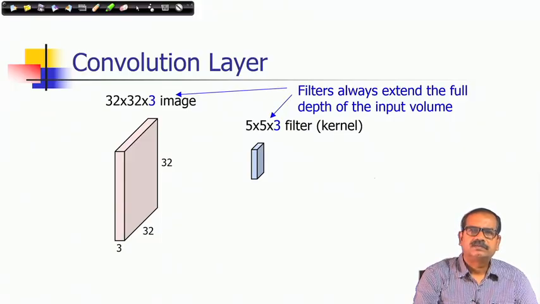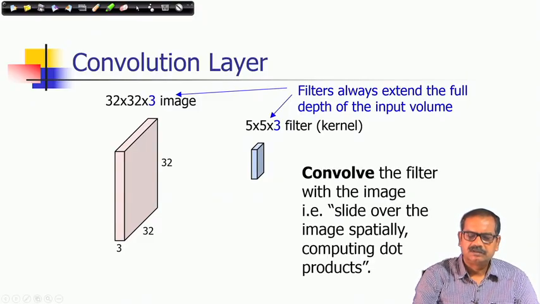The size of the filter, sometimes called the kernel also, is given a typical value here, say 5 cross 5 cross 3. First thing, the filter extends the full depth of the input volume. So 3 is the depth in this example. The filter has to span over the depth, and then it takes a dot product.